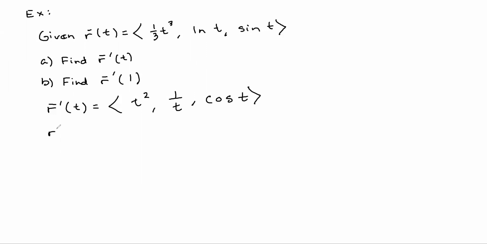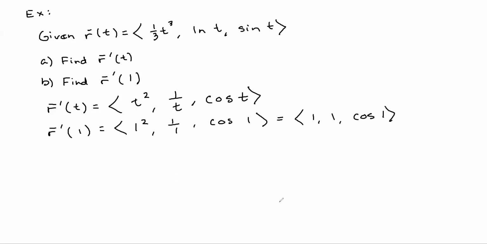Again, to take the derivative of the vector function, just take the derivative of the components. It's that simple. Okay, and then to find r prime of 1, what would that be? Just plug in 1 for the t values, right? So we're going to get 1 squared, 1 over 1, cosine of 1. And so 1 squared is 1, 1 over 1 is 1, and cosine of 1 is, well, whatever it is.